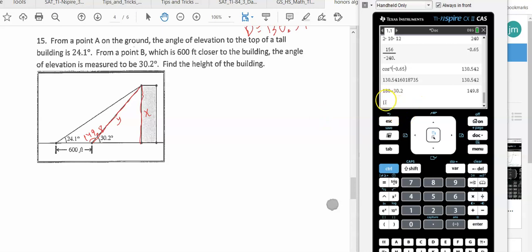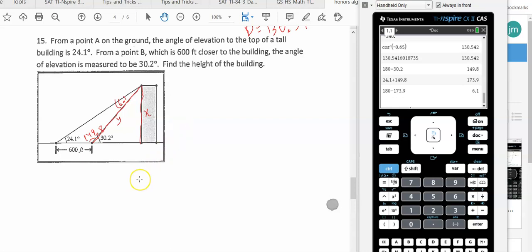So let's get 24.1 plus 149.8, 180 minus that. So the top angle up there is 6.1 degrees. Okay, we're getting somewhere. Now we could set up law of sines and figure out y, and once we know y, we could probably figure out x.